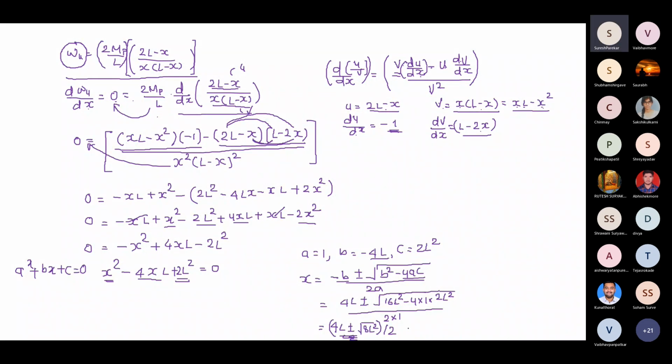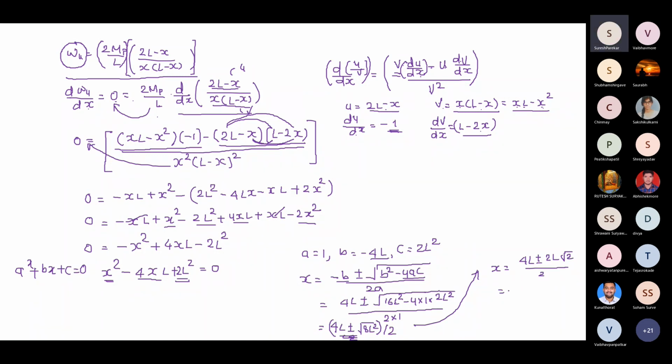Then we will simplify this. So we have x equal to 4l plus minus, 2l we will take outside. In bracket it will be 2 upon 2.